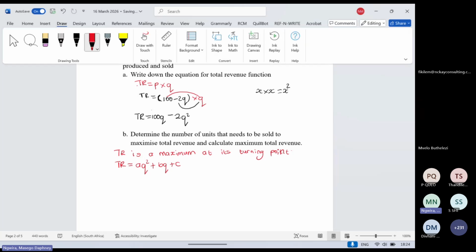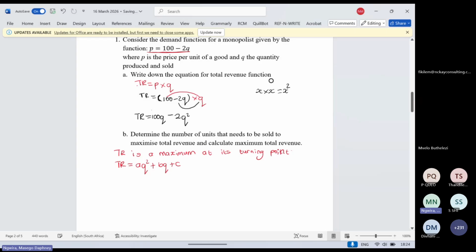And then from our question, we have a total revenue function, which is TR is equals to 100Q minus 2Q squared. So we are going to compare these two functions. This is the standard one.